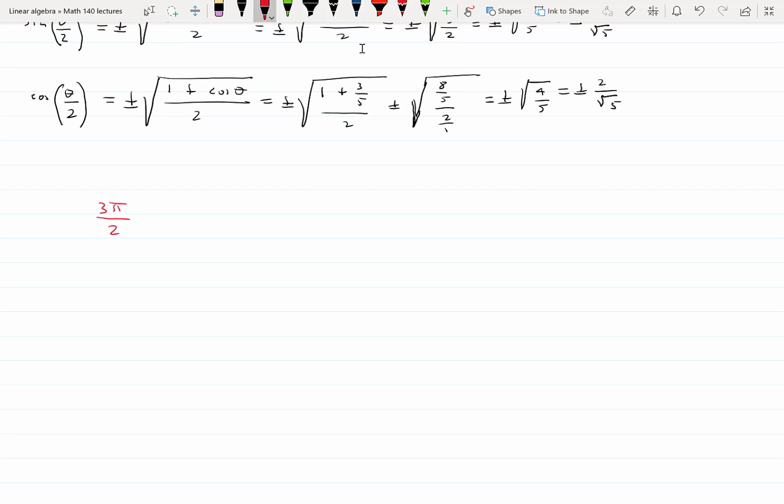Theta is in quadrant 4. So one way to show you that half of theta is in quadrant 2 is to state the algebraic statement that says theta is in quadrant 4. That means theta is between 3 pi over 2 and 2 pi. Now multiply all 3 sides of this inequality by 1/2.